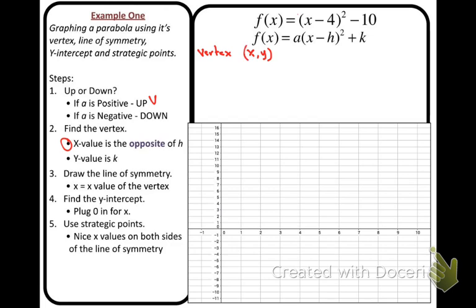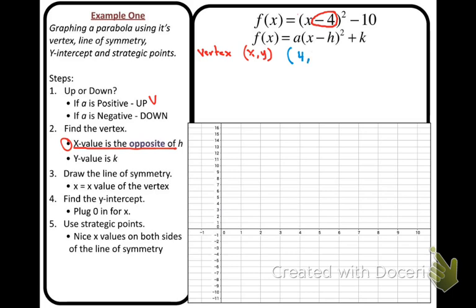The x value is going to be the opposite of h, because in the formula it's a negative h. Currently it's x minus 4 inside the parenthesis, so we pull out a positive 4, because we're taking the opposite of h.